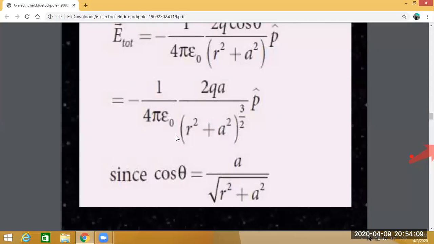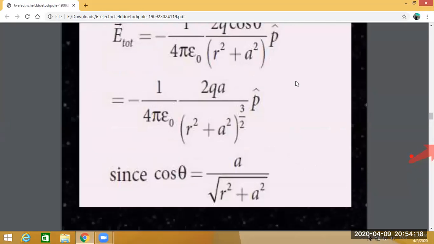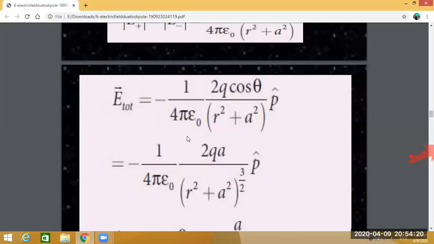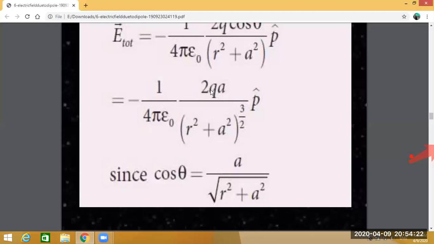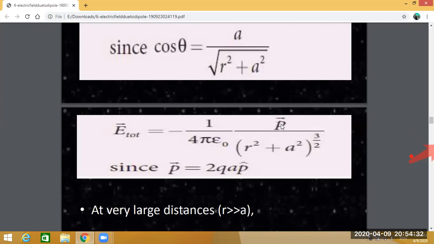So total electric field is obtained in this way, because you know well that 2a, that is 2 into a, is the dipole length, and dipole length into q equals dipole moment. So we place here 2aq equal to vector p. So this is the dipole moment.